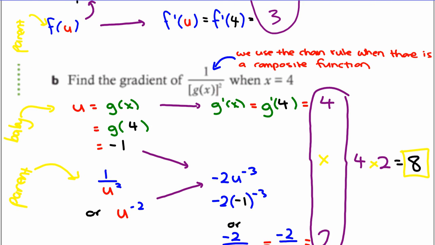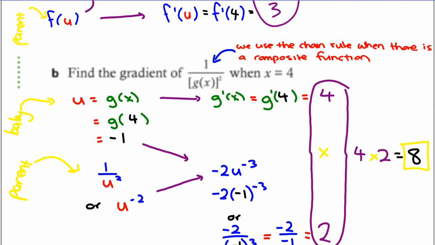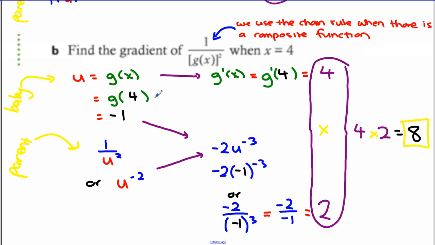So chain rule, we've got to identify the baby function and the parent function. The baby function is the one that was subbed in, which clearly is g of x. And the parent function, with u as the baby function, would be 1 over u squared. So baby function is g of x. Parent function is 1 over u squared, which could also be written as u to the minus 2.